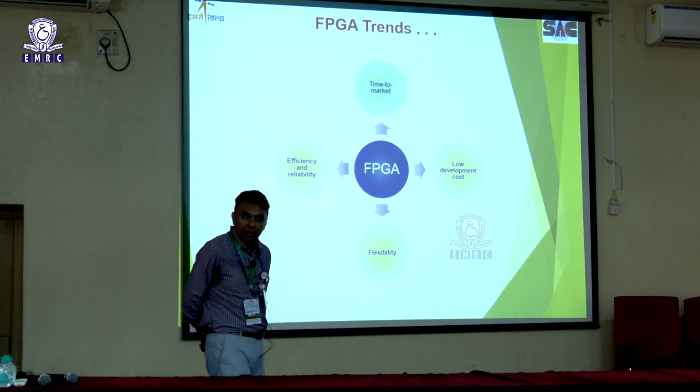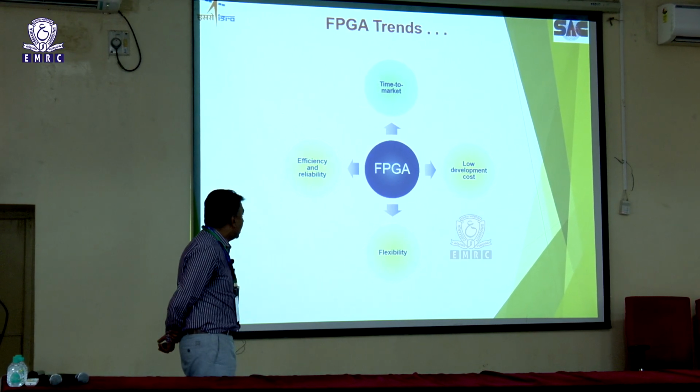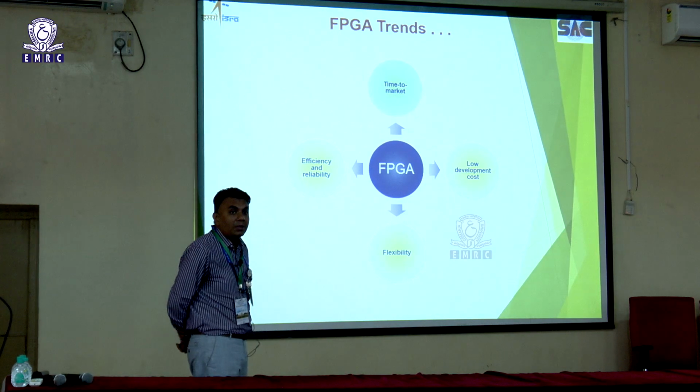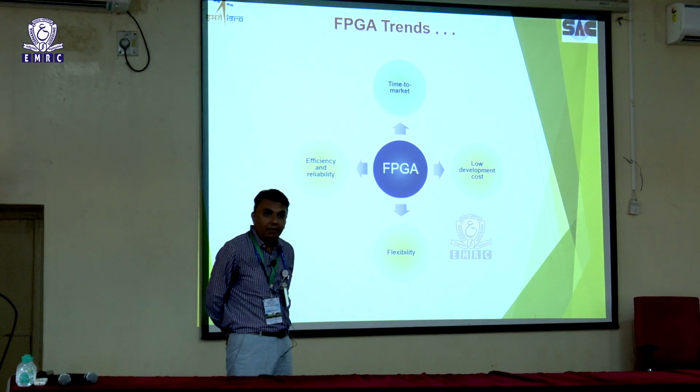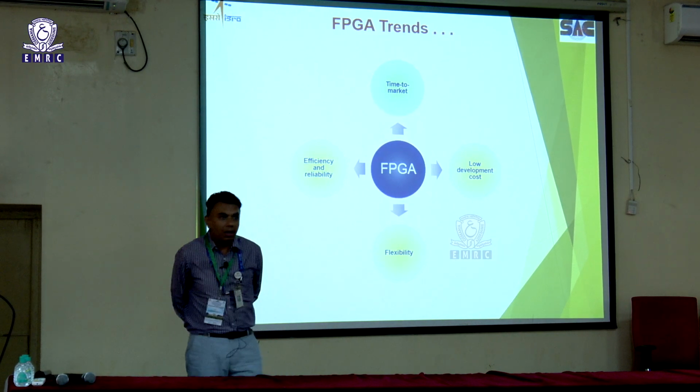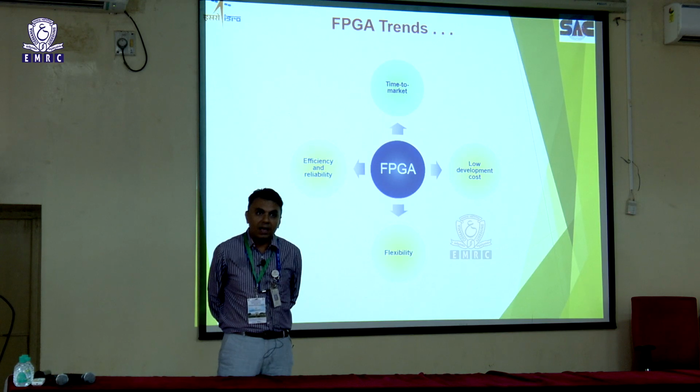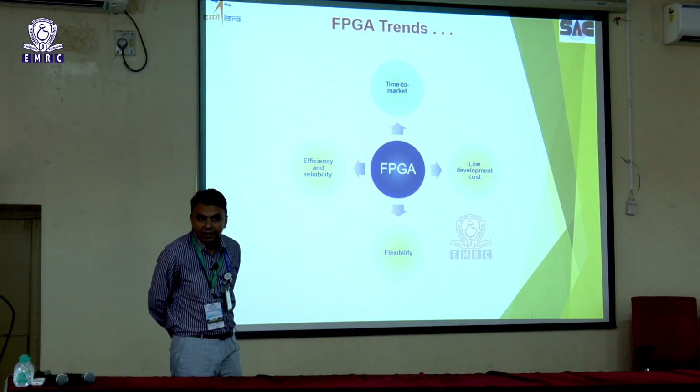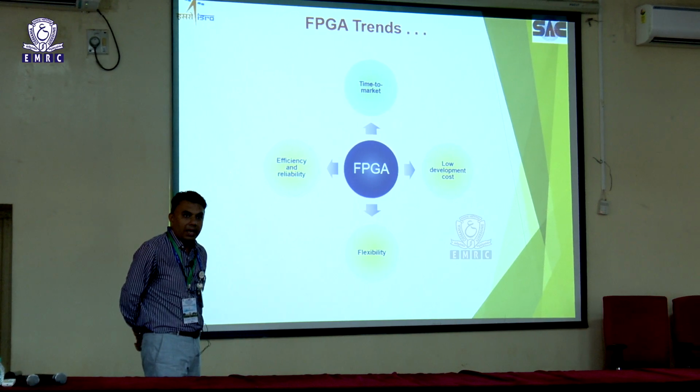All these are 28 nanometer based designs and they have very good efficiency in terms of reliability. Not only in India we are using these devices, even European Space Agency, ESA, and NASA are using these devices. So, they have a very good heritage.